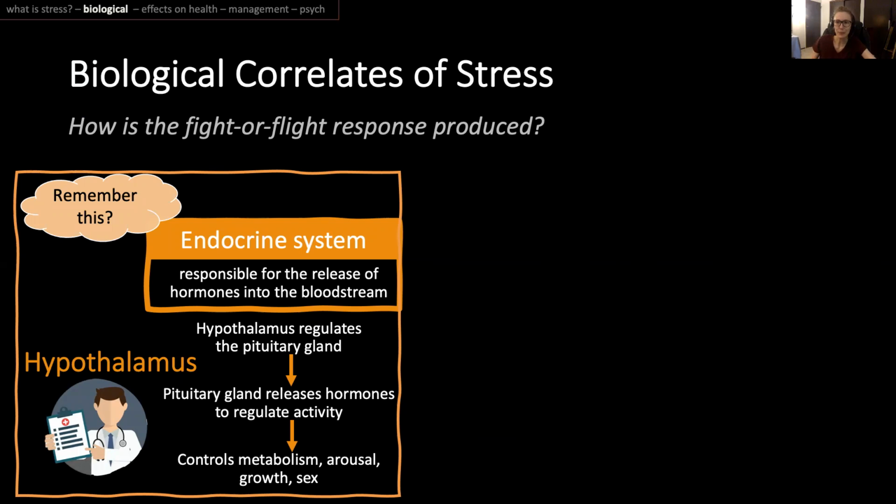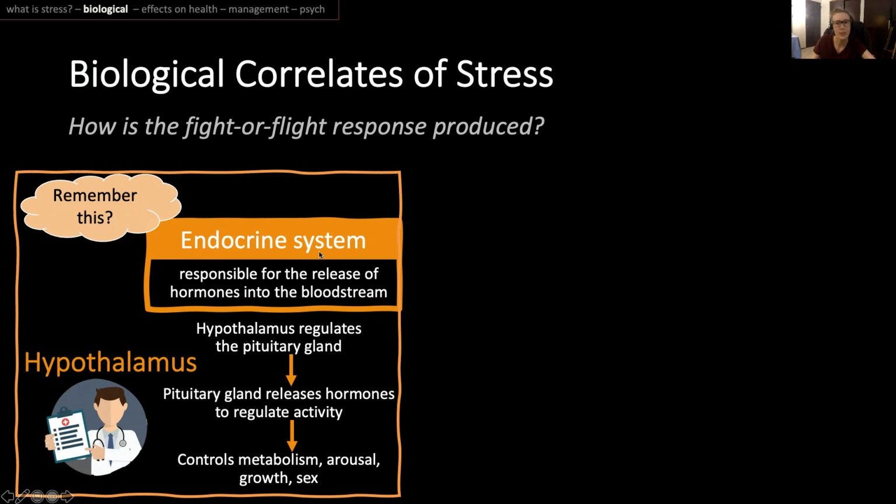So again, a brief review of neuroscience. When we talked about the hypothalamus, which is that brain structure that's kind of like a doctor, just keeping everything regulated and normal, keeping homeostasis in your body, we talked about how the hypothalamus is also a player in the endocrine system.